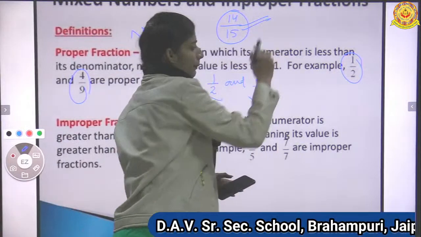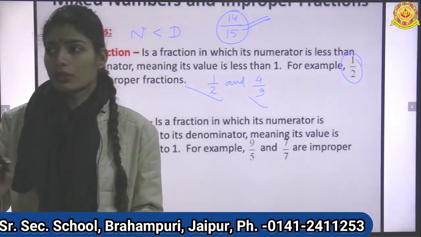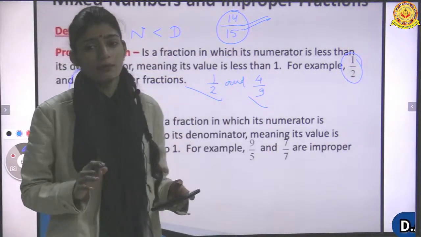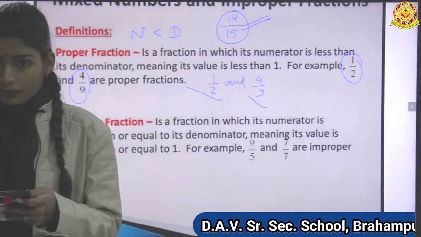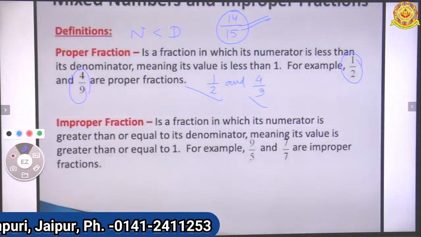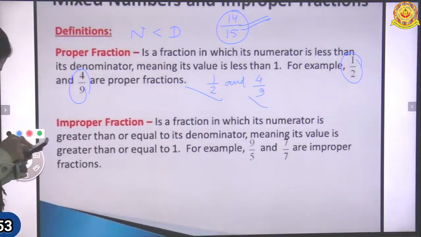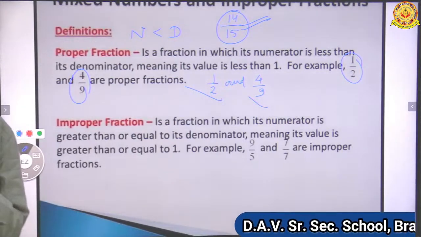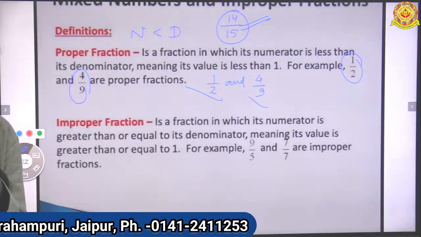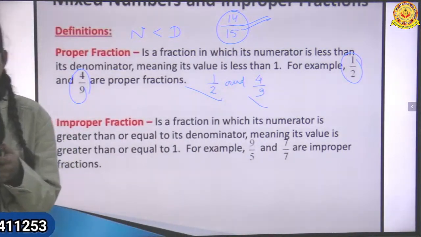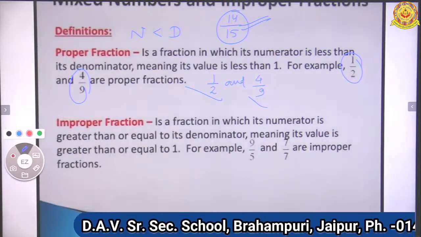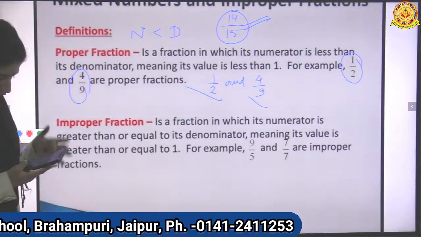Again I am asking. Suppose I have taken the test and I have given you the marks. Which type of fraction is that? Students, please tell me, which type of fraction is that?